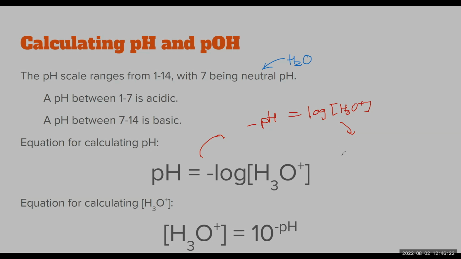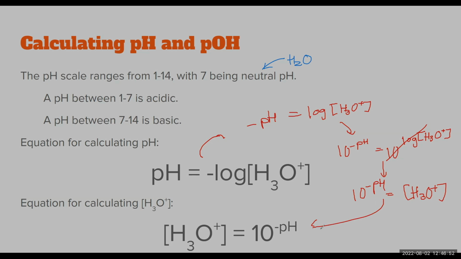So we can do 10 to the negative pH is equal to 10 to the log of the concentration of H3O+. The base 10 and the log will cancel out, and we will be left with the concentration of H3O+ equals 10 to the negative pH. That's basically how they derived this other formula from the pH formula.